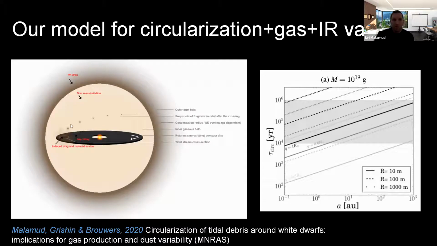Okay, so in our model, we also have a gaseous halo and a dusty halo, in which stuff is scattered from these collisions and sometimes from interaction between the fragments and this gaseous halo.